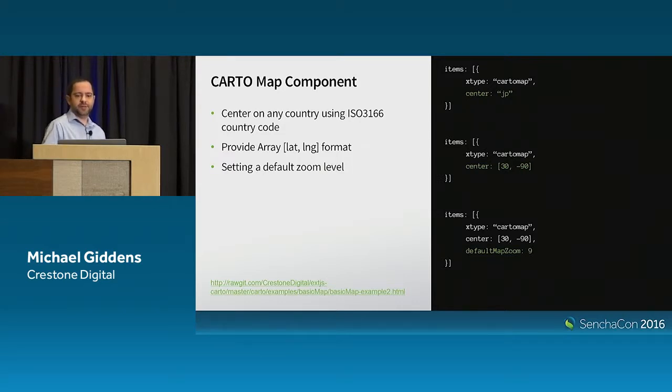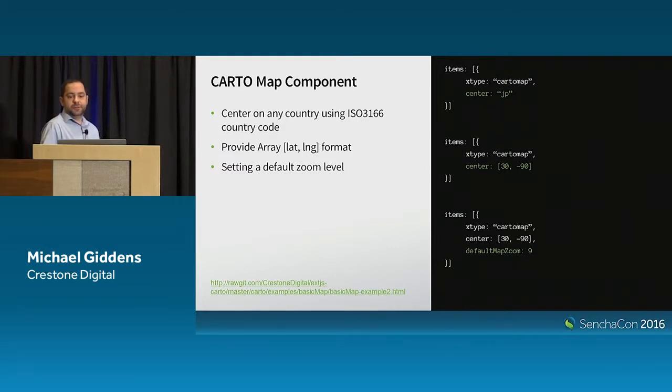Now, the starting location on a map is also important when setting up your map. To do that, we have two attributes called center and default map zoom. We have two ways of binding a starting center point. The first is by using the ISO 3166 country codes, and you can just set the text value to that. The second is the lat-long array notation format.